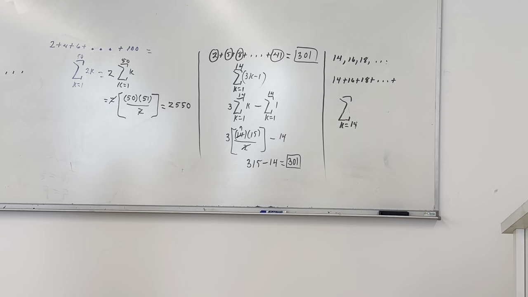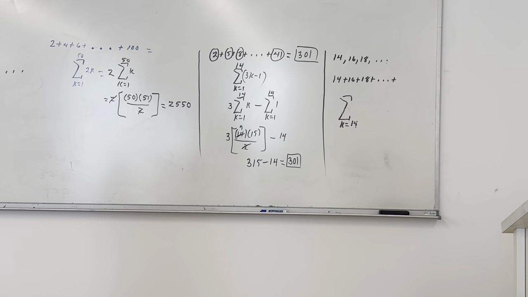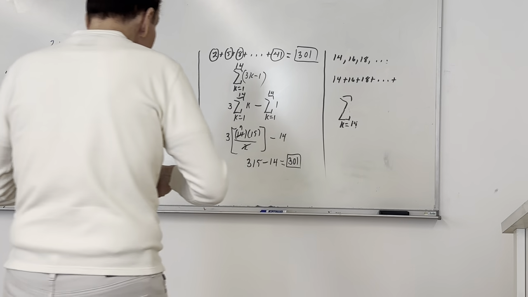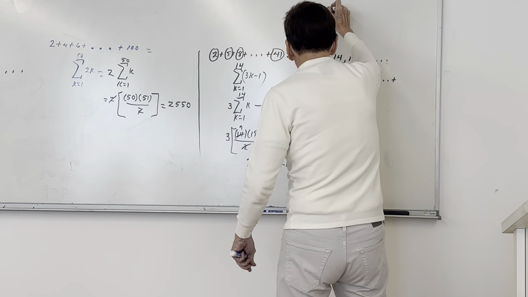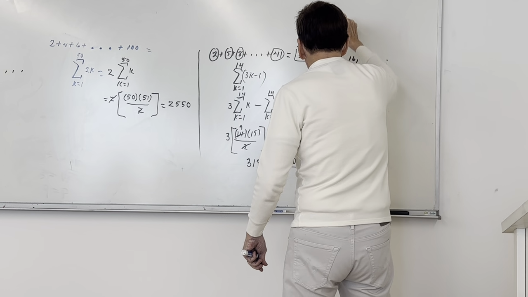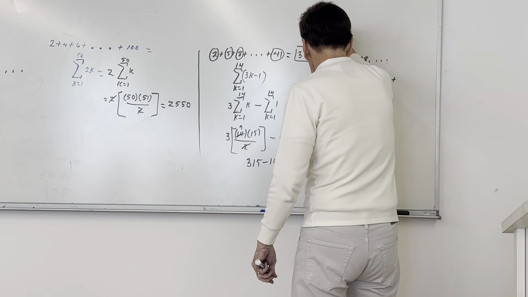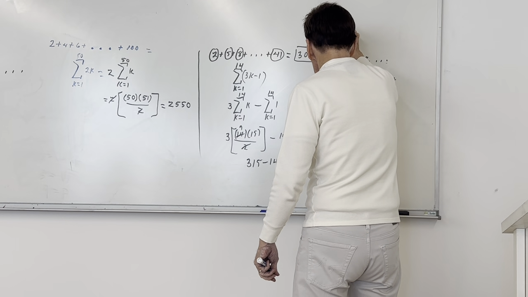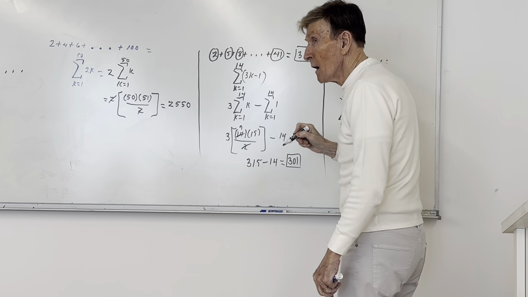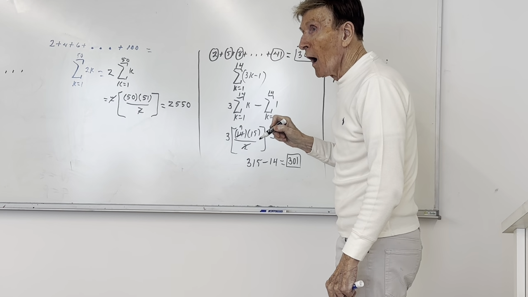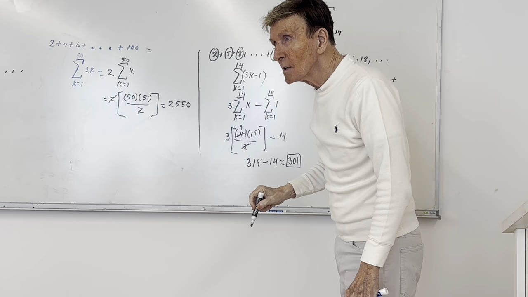Can I add another sigma? Oh, you want another sigma? So what is the other one? K is equal to, I don't know, do you want to start with 1? 14. 14, okay. And to 240.